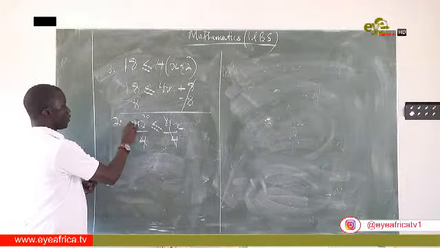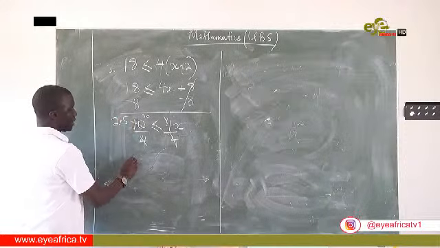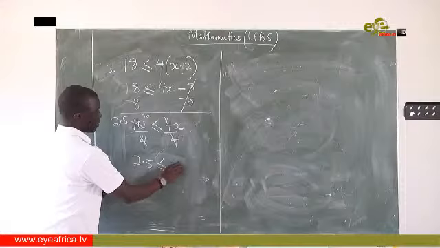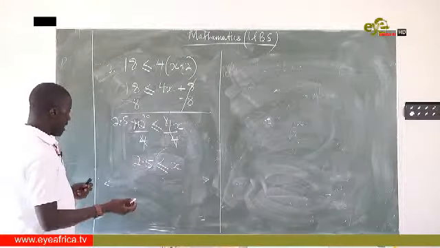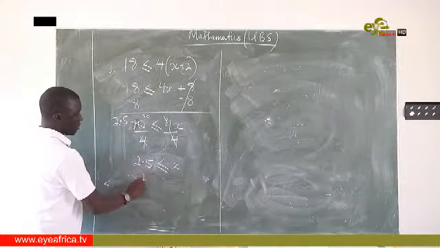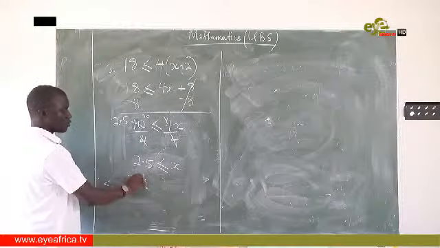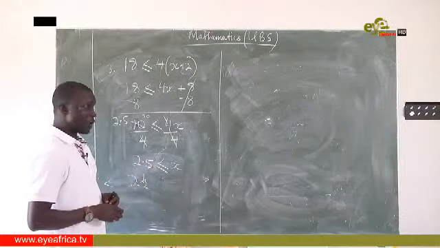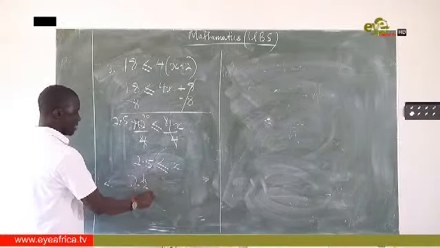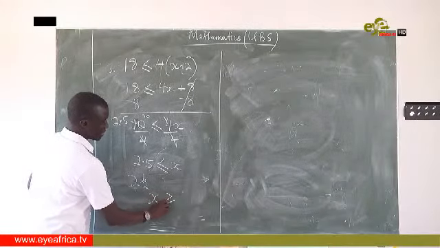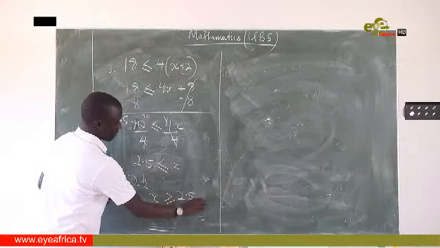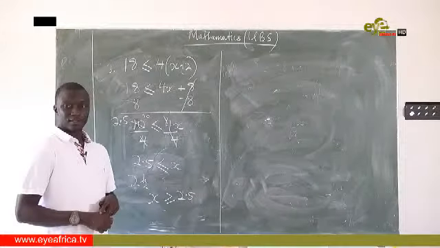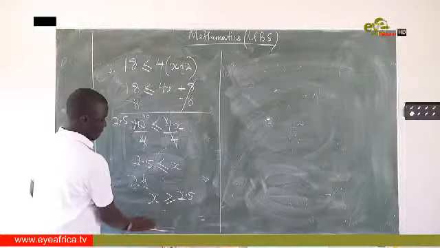We have a point, and 4 goes into 20 five times. So in other words, we have 2.5 is less than or equal to x. 2.5 is the same as 2 and 1 over 2. Okay, 2.5 is less than or equal to x, which is the same as x is greater than or equal to 2.5. So with this information, we need to plot this on a number line.